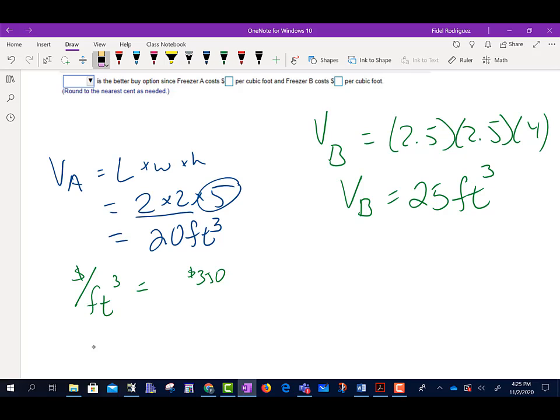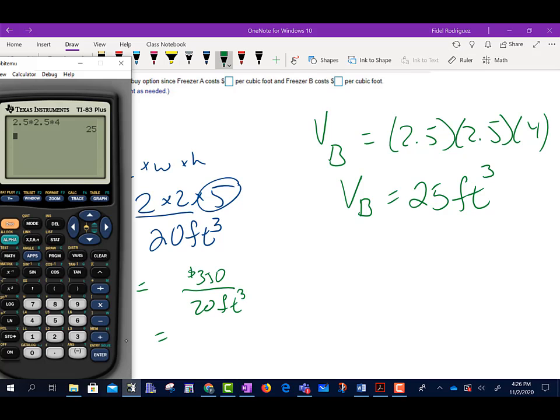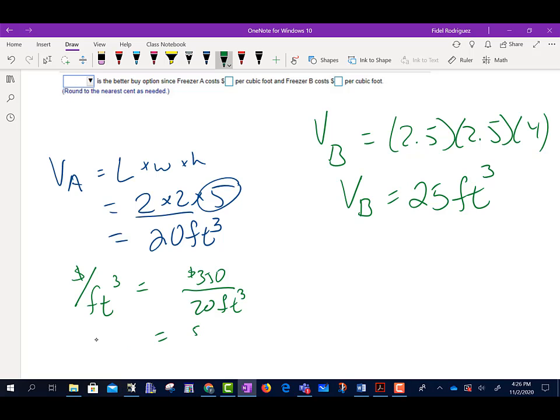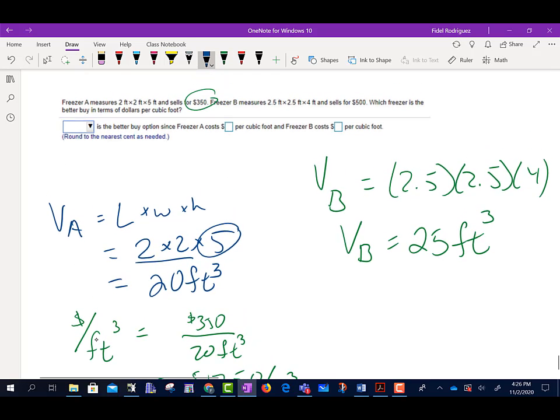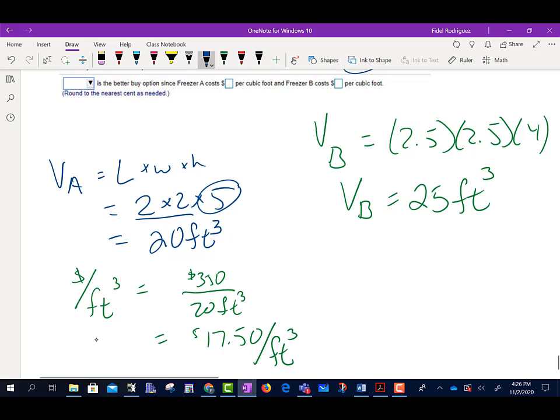And we had a total of 20 cubic feet. So if I take my calculator, what's 350 divided by 20? And that's giving me $17.50 per cubic foot.